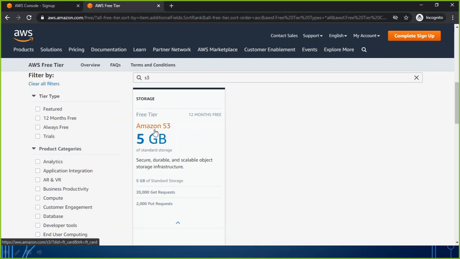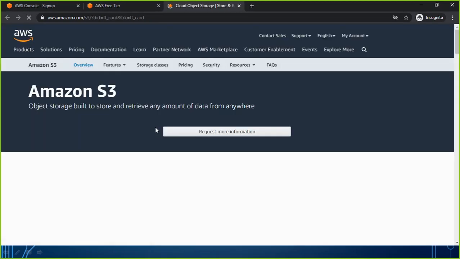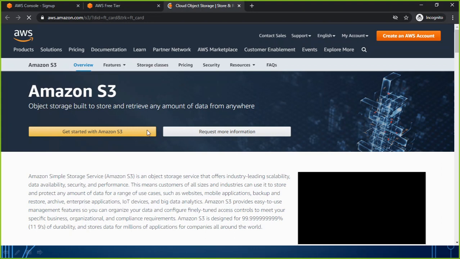But when I go to Amazon S3, the first thing it will require me to do is log in with my account. So, get started with Amazon S3, for example.